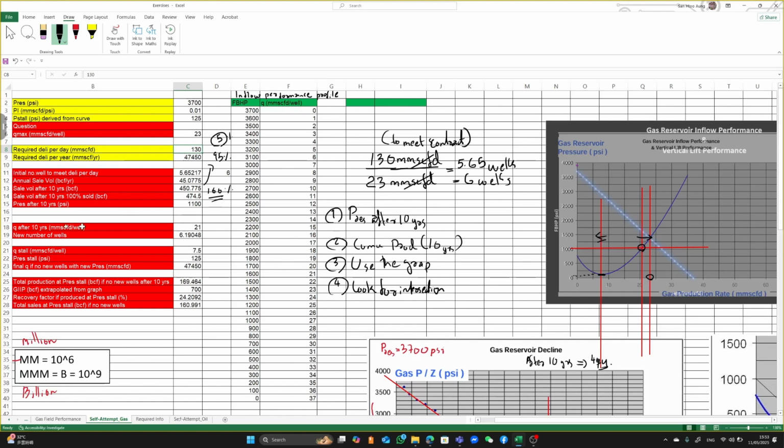And we have the flow rate after 10 years, which is 21 million standard cubic feet per day. Then you divide 130 by 21, and we get the new number of wells, which is 6.197.